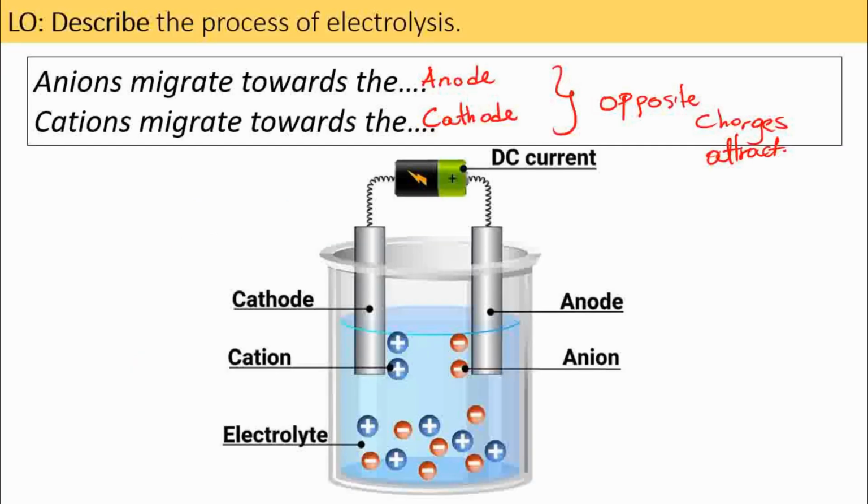Now, when the cations go to the cathode, a reaction is going to take place, and you need to know what reaction is taking place. When the cations go to the cathode, reduction is going to take place at the cathode, and when the anions go to the anode, oxidation is going to take place at the anode.